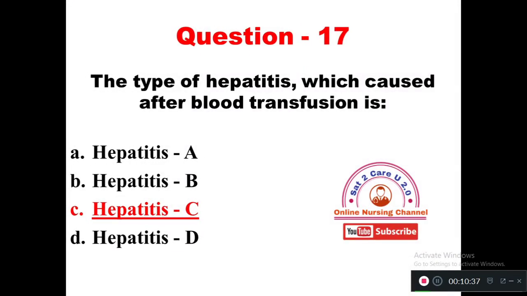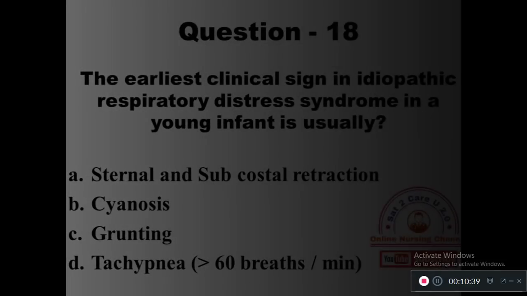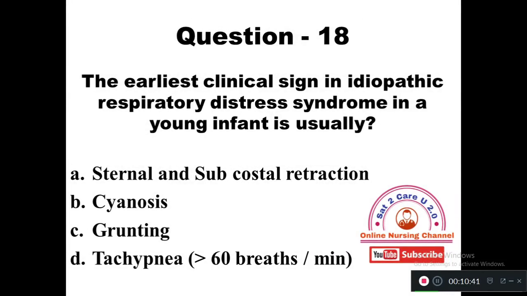Question number 18. The earliest clinical sign in idiopathic respiratory distress syndrome in a young infant is usually option A sternal and subcostal retraction, B cyanosis, C grunting, option D tachypnea.